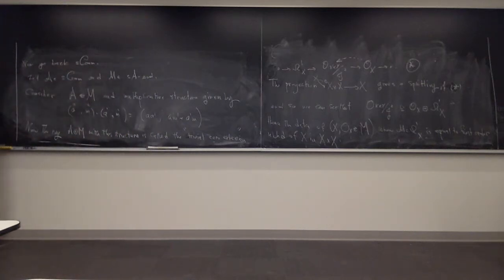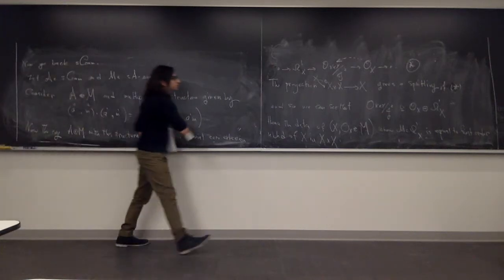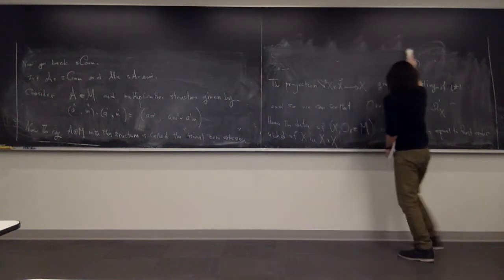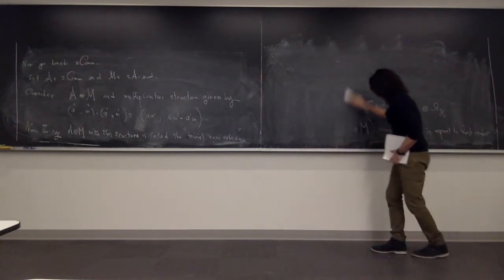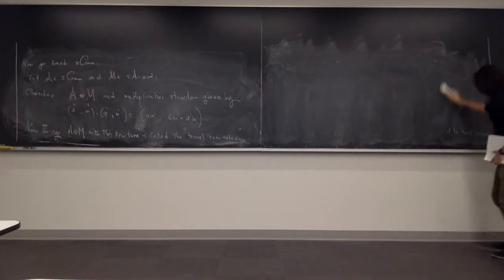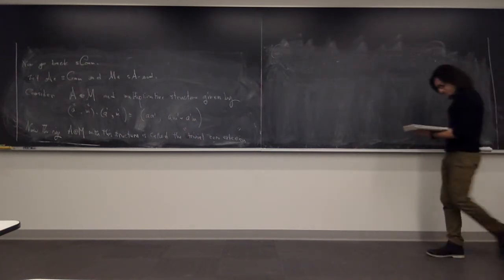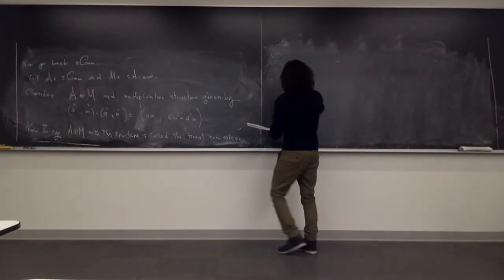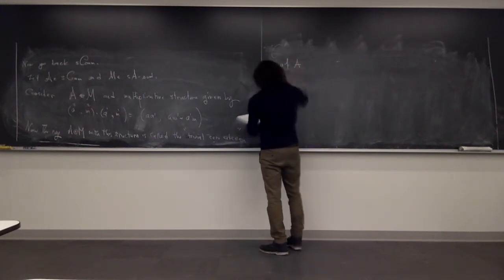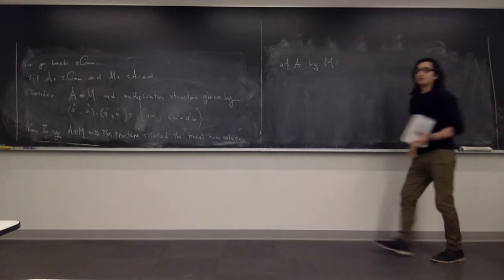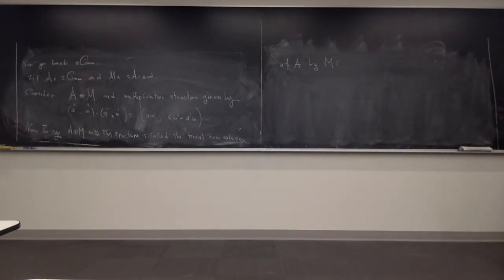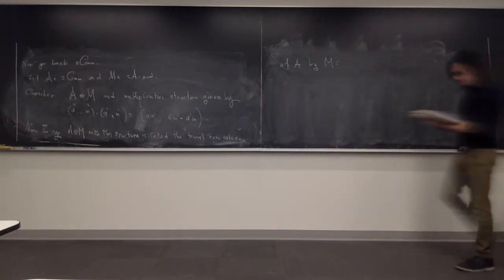This is a terminology. Trivial zero extension of A by M. Zero extension of A by the simplicial module M over A. Okay? This mimics that idea.